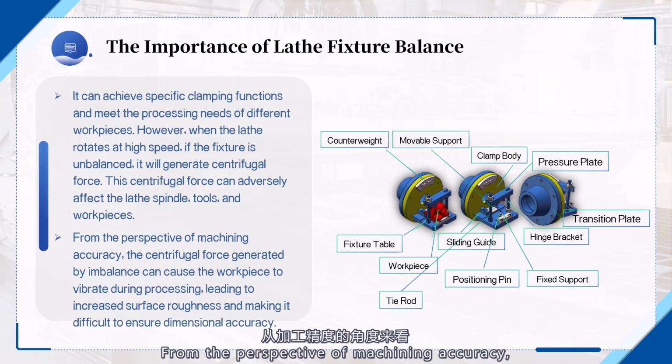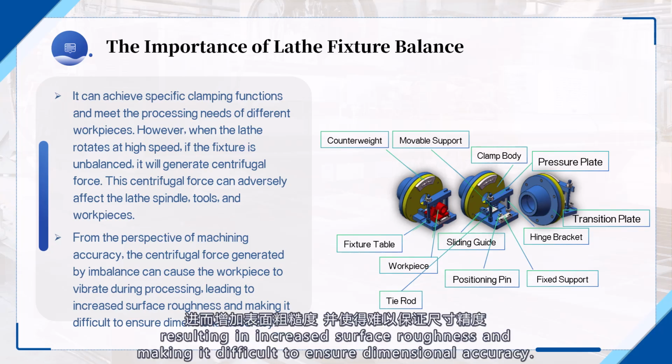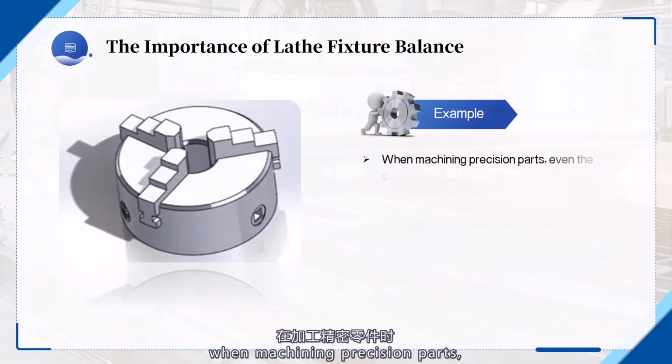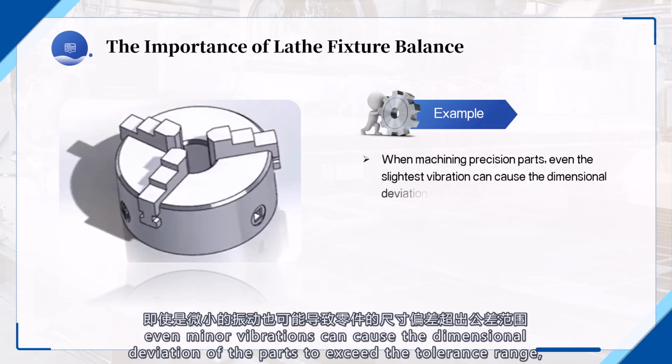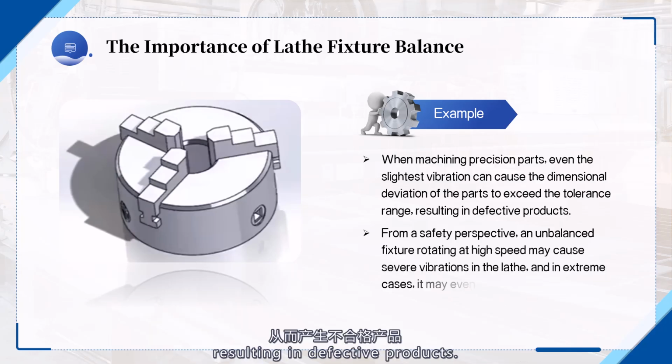From the perspective of machining accuracy, the centrifugal force caused by imbalance can lead to vibrations in the workpiece during machining, resulting in increased surface roughness and making it difficult to ensure dimensional accuracy. For example, when machining precision parts, even minor vibrations can cause the dimensional deviation of the parts to exceed the tolerance range, resulting in defective products.